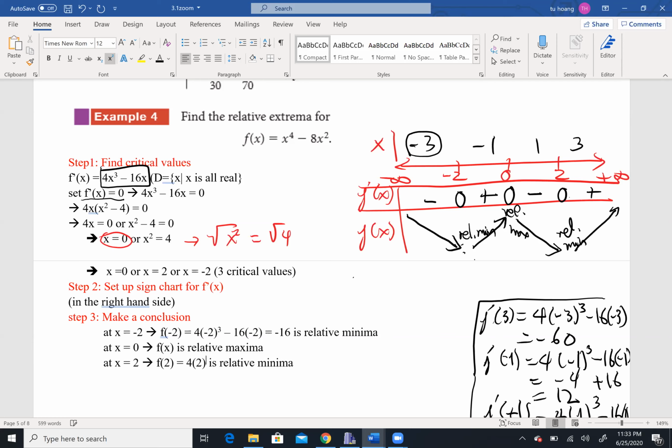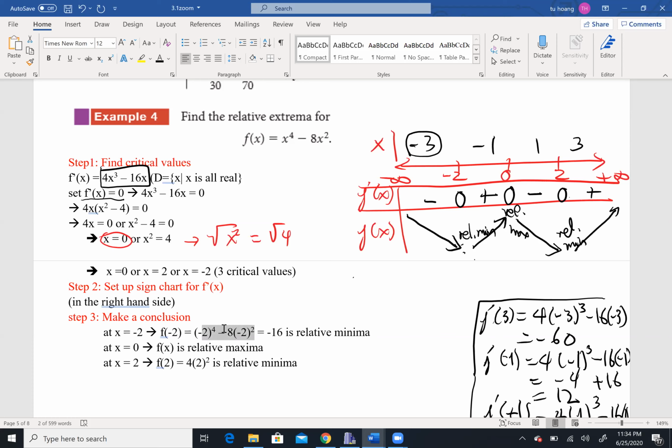No, sorry, oh, I made a mistake. I should have here negative 2 to power 4, and then 8 times negative 2 to power 2.